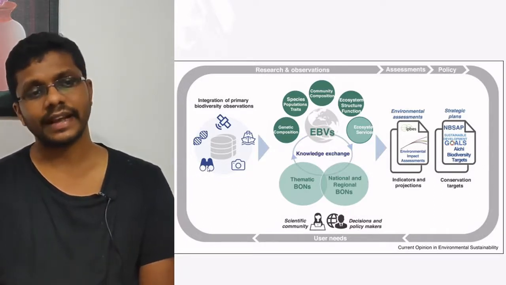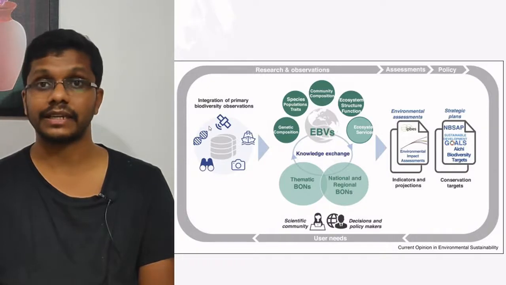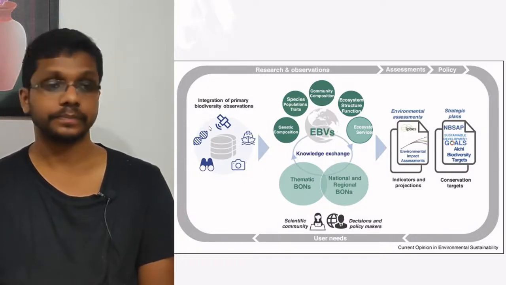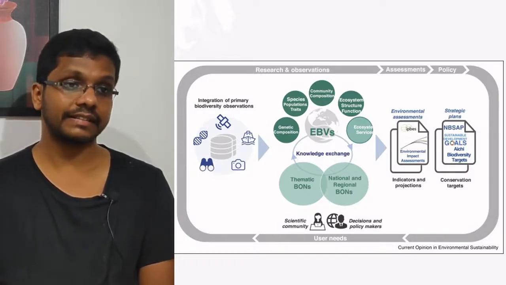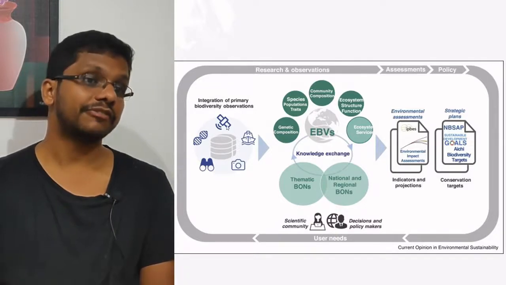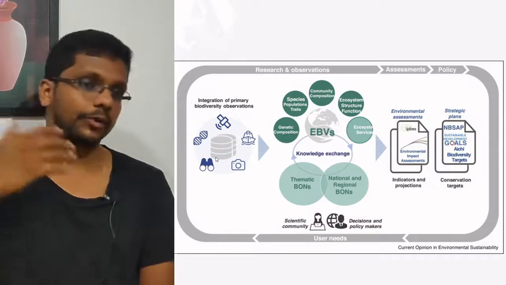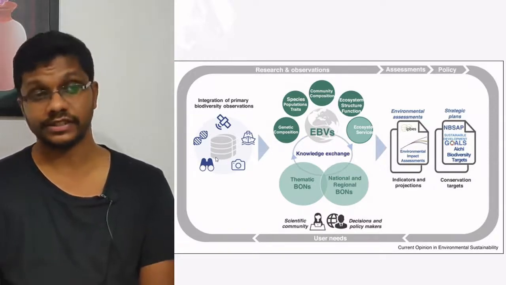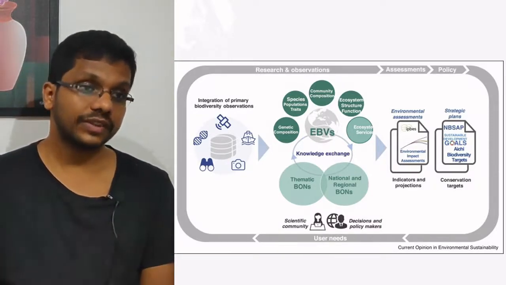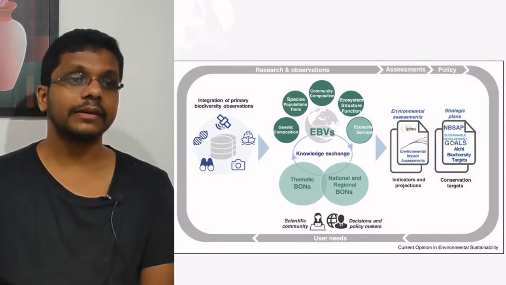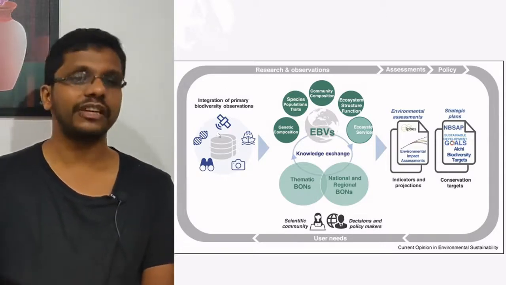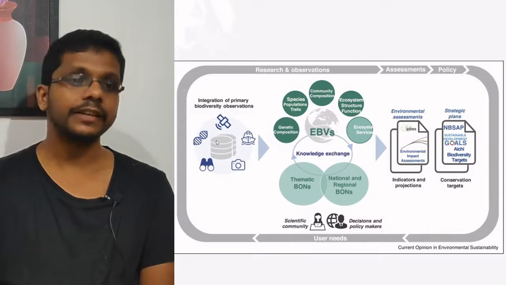So by using all these techniques, we are generating the primary data about the biodiversity. So the first stage is generating data, getting the primary data from the field. Using different techniques, we will get different data about the abundance, about the diversity, ecosystem function. So the first stage is generating primary data. Okay, it's a field study.